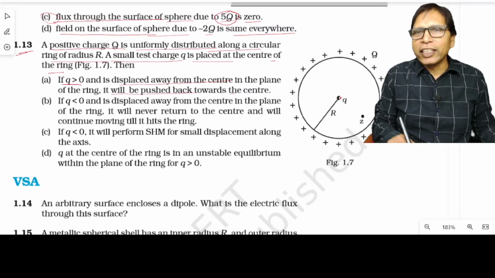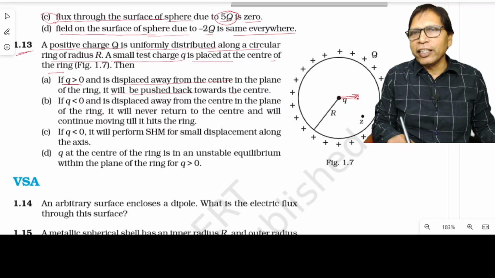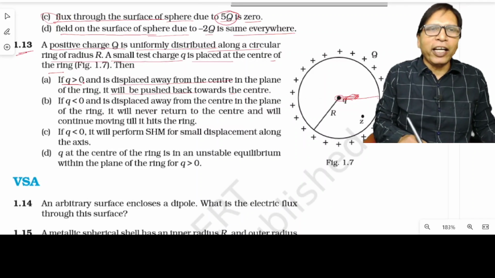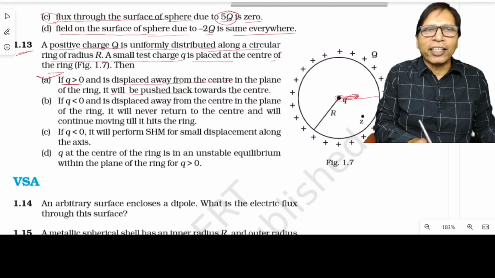Look at this. If the charge slightly moves along this direction, then the repulsive force in this direction increases, and the charge goes back to the center. Okay, so this option is correct.